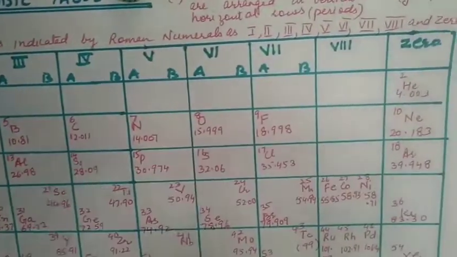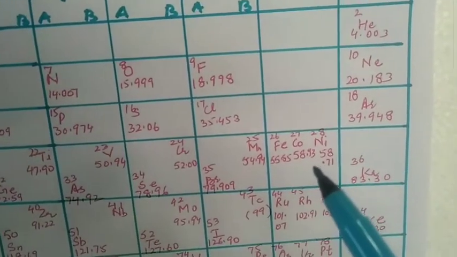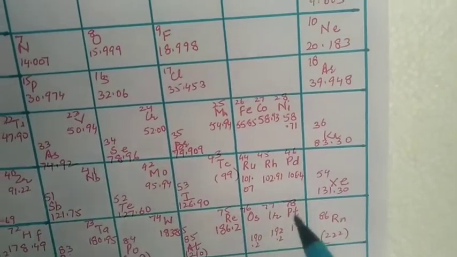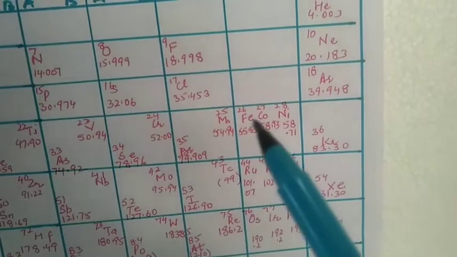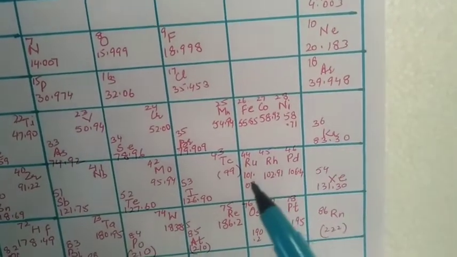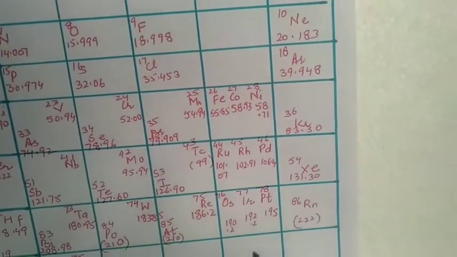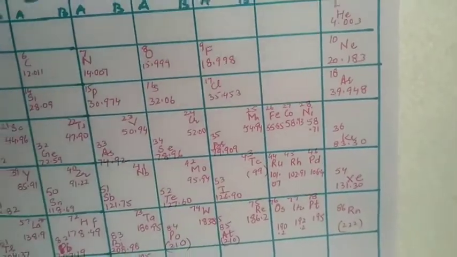Group 8 consists of 9 elements in 3 triads: iron, cobalt, nickel; ruthenium, rhodium, palladium; and osmium, iridium, platinum.